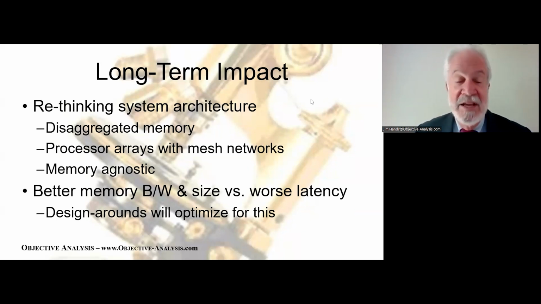And then, I say better memory, bandwidth, and size, which, I was talking about how the size is great and the bandwidth can be great because you can put a whole lot of chips on that CXL channel. But you get worse latency because you have that CXL controller talking to the DRAM instead of having the processor itself talk to the DRAM.